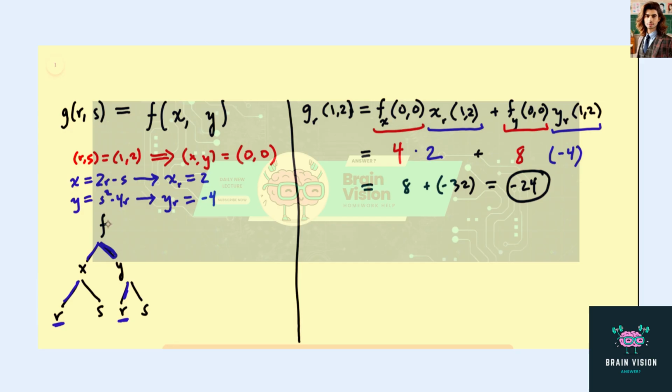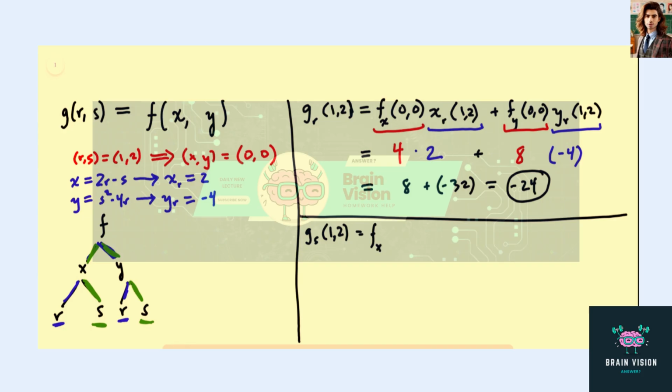Now to get g partial s, we do the exact same thing. So this should feel very familiar. We go down the tree again. The only difference this time is we want to end at the variable s. So we'll go down these green branches so that we end at s.